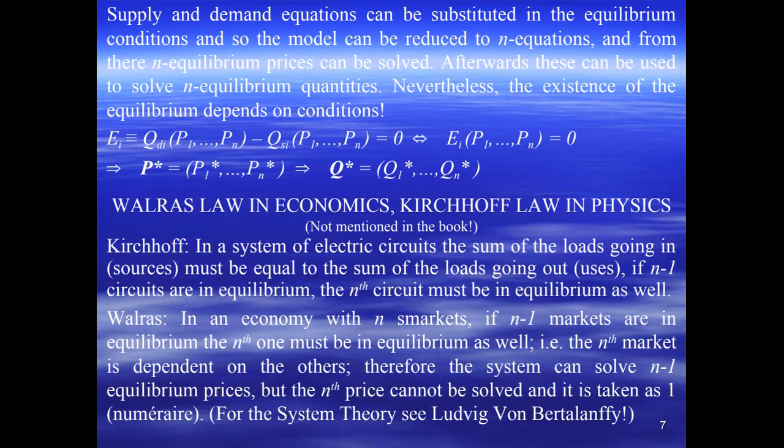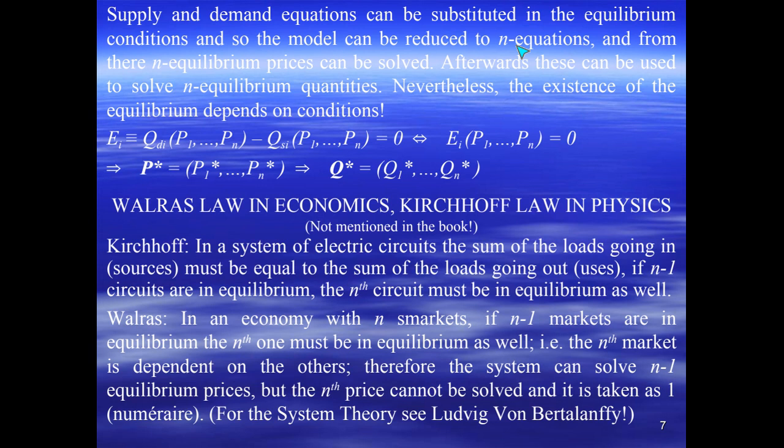All right. So supply and demand equations can be substituted in the equilibrium conditions, of course, as we did in the previous example. And so the model can be reduced to n equations. Of course, if we replace the QDi and QSi in the equilibrium conditions, all these demand and supply equations disappear.